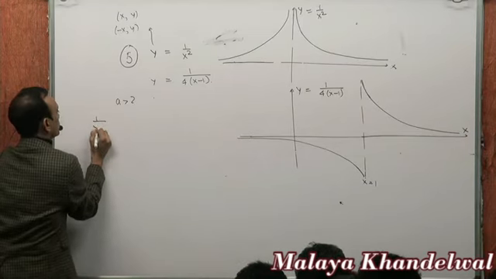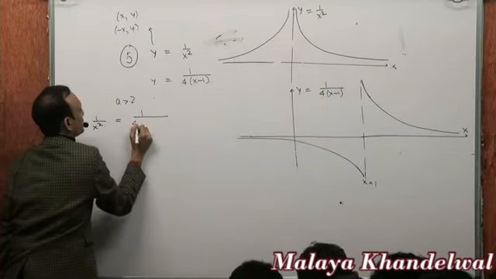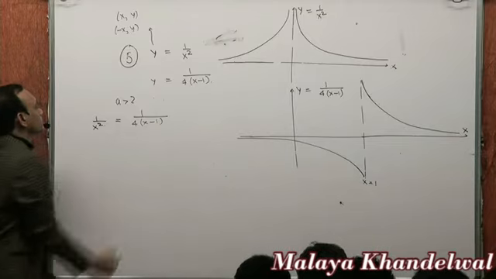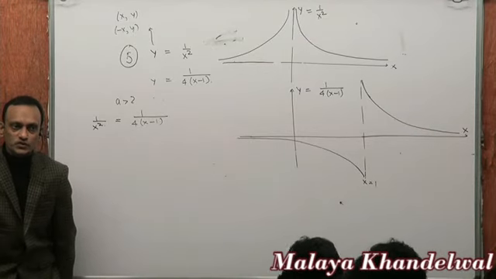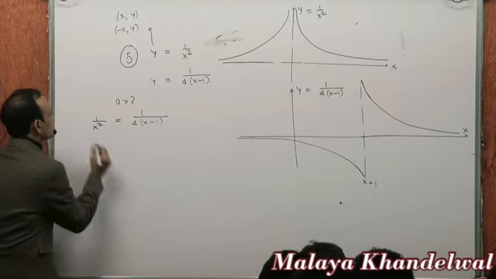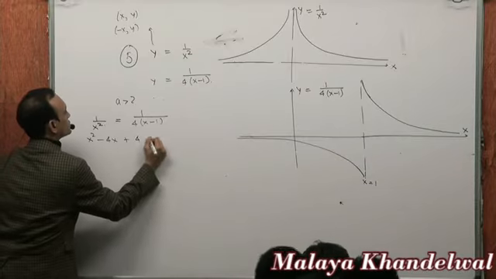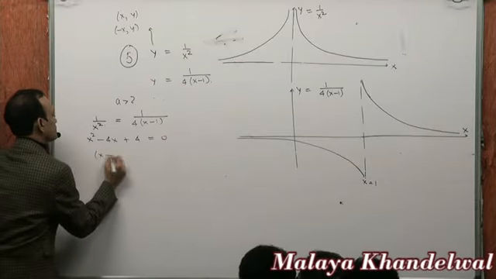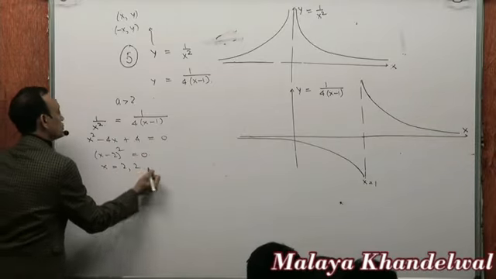That means their point of intersection, when for a given x they have the same y. This will give me the x coordinate of the point of intersection of the two curves, right? So x squared minus 4x plus 4 is 0. (x minus 2) whole squared is 0. x is 2, 2.